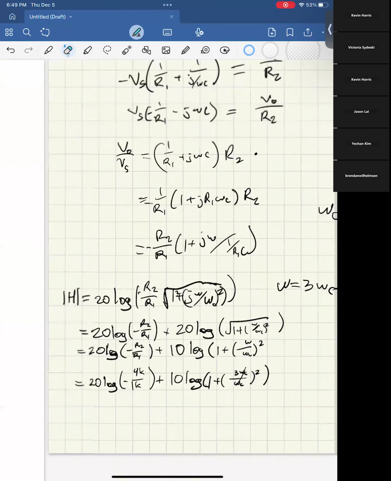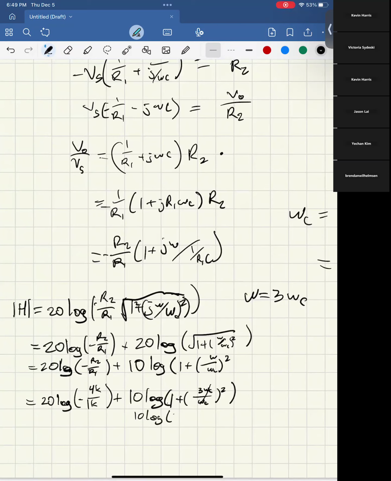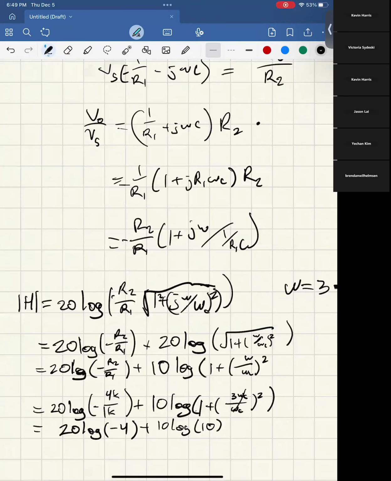So this would become 1 plus 3 squared, which would be 10 log 10. And this is 20 log negative 4. And again, because we were taking the magnitude, oh God, I messed this up so much.